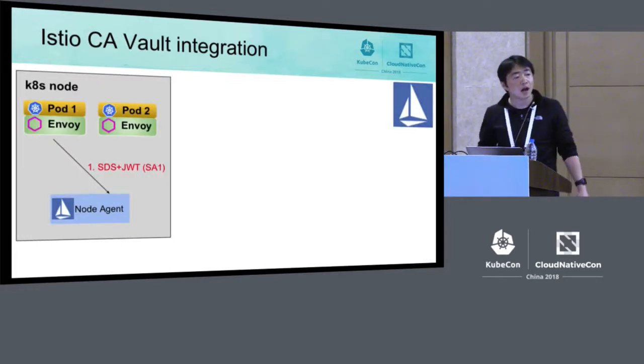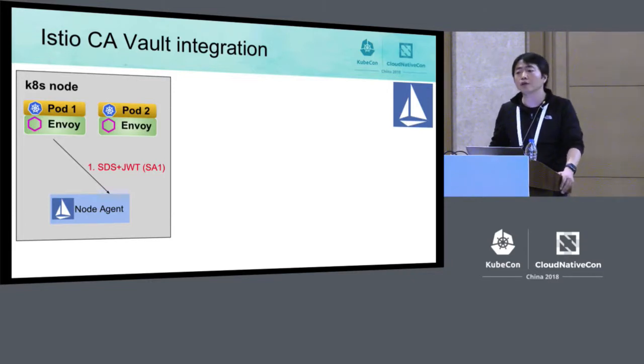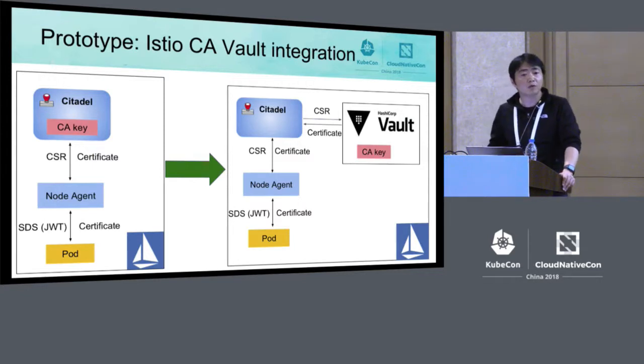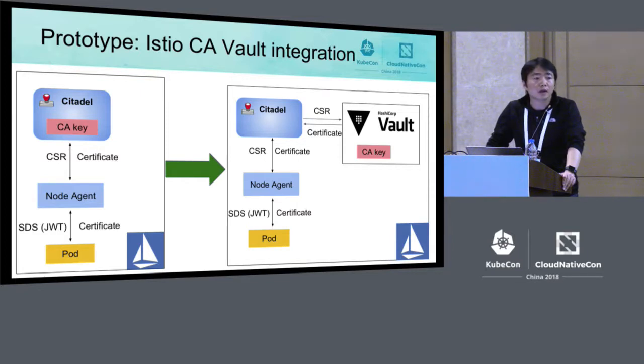Okay, next, I will present the detailed workflow for integrating Istio CA with Vault. So actually, go back a little bit. Vault is an open source tool that is widely used by microservices to manage the secrets.